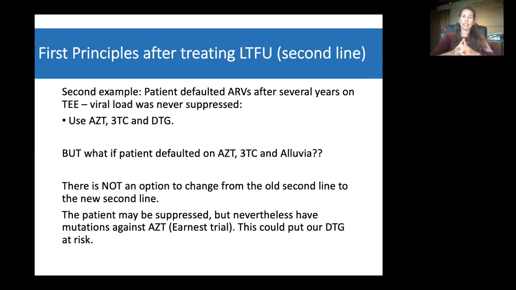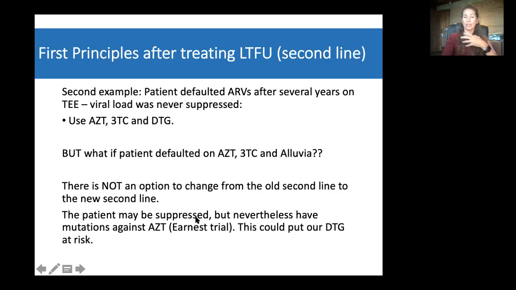And very important here, there's not an option at this point to change from the old second line to the new second line. And the reason why is that we don't know if there's a mutation against the AZT. So I've mentioned earlier, even if you've got viral load suppression on the old second line, that Kaletra might be so powerful that it's covering the AZT and 3TC mutations.